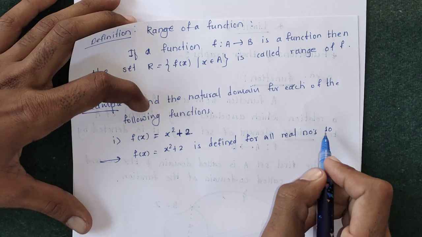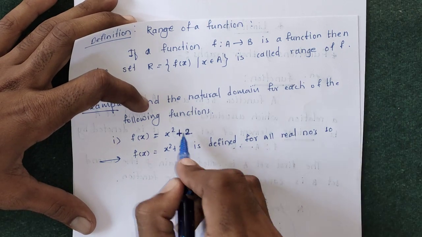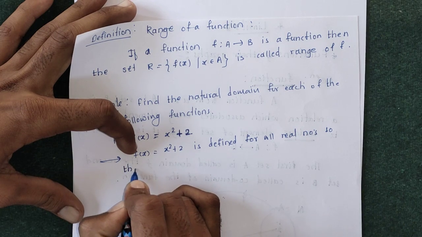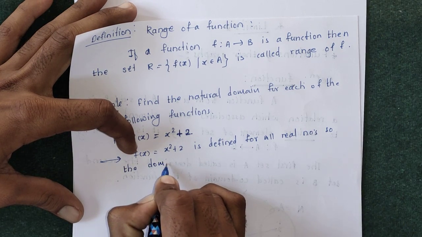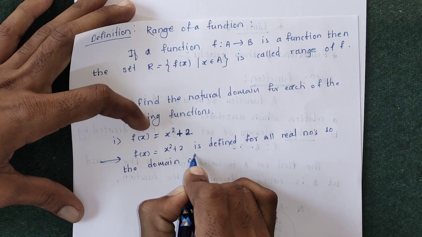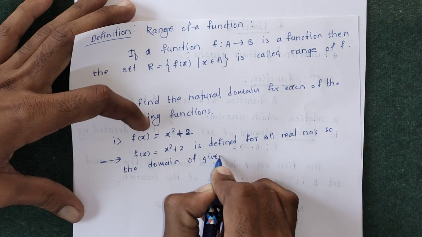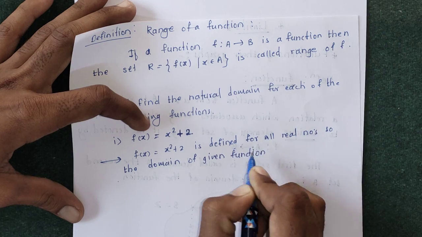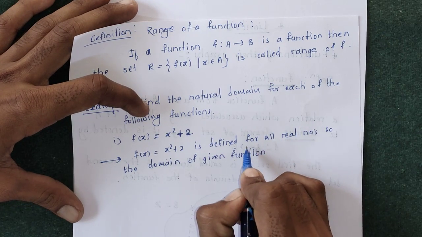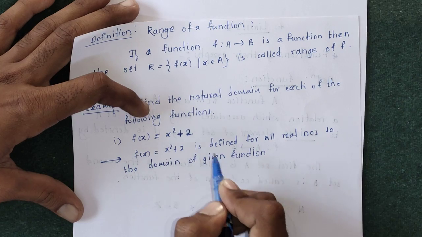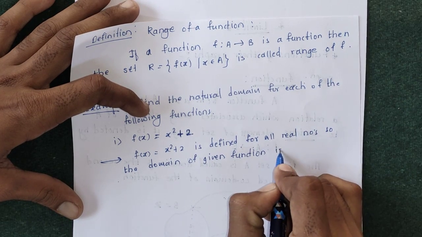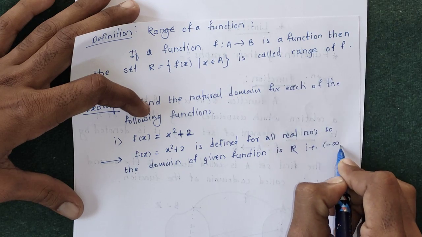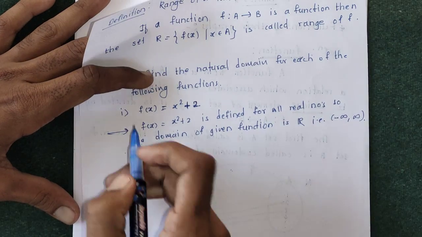So the domain of the given function f is R. The domain of the given function means the set on which this function can be defined. So the domain is R, that is all the elements from minus infinity to plus infinity.